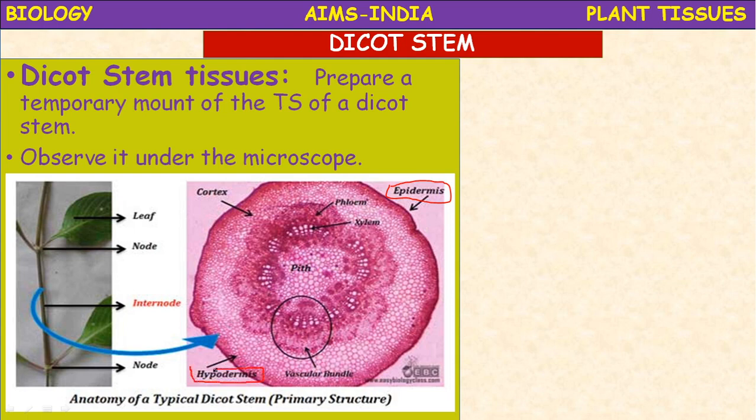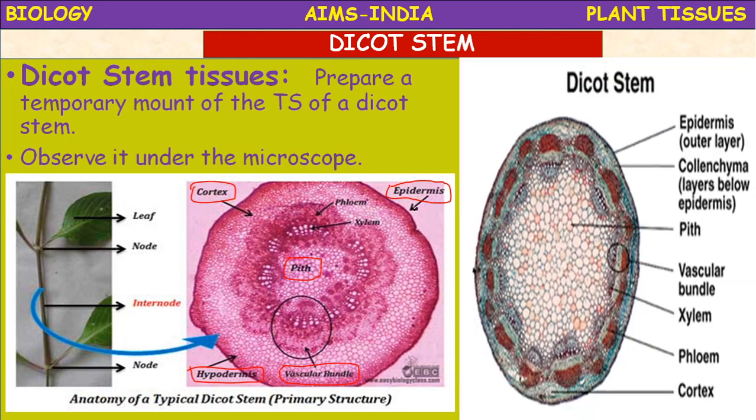Okay, and the vascular bundle represents vascular tissue, that is xylem and phloem. And the pith represents the ground tissue. Okay, and the cortex is the region beneath the epidermis. So like this you can see a dicot stem.